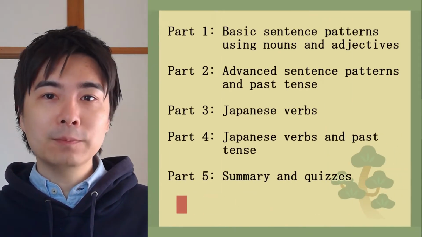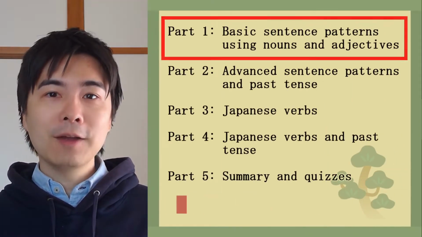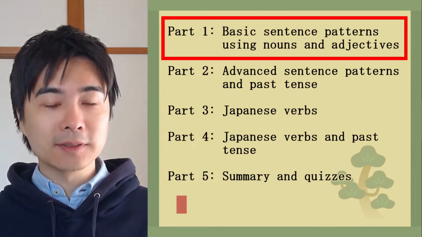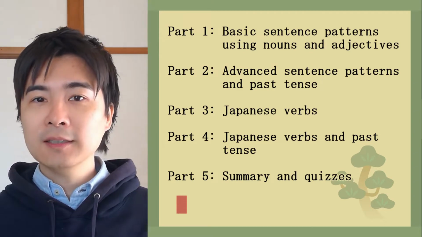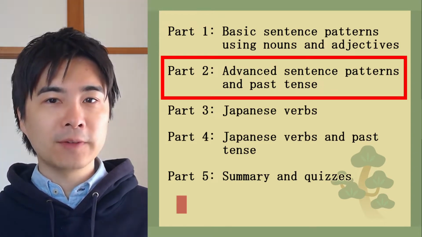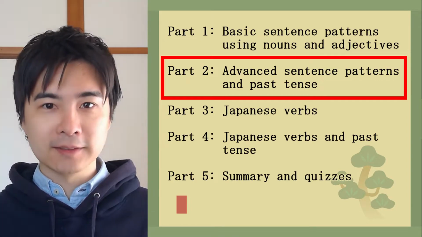Also, if you already know all of the sentence patterns in this video, please check the next video named Japanese Grammar for Absolute Beginners Part 2. This video series will include 5 parts. In this video, I will introduce the basic Japanese sentence patterns including Japanese nouns and adjectives. In the next video, which is part 2, I will explain a little about advanced sentence patterns and past tense.